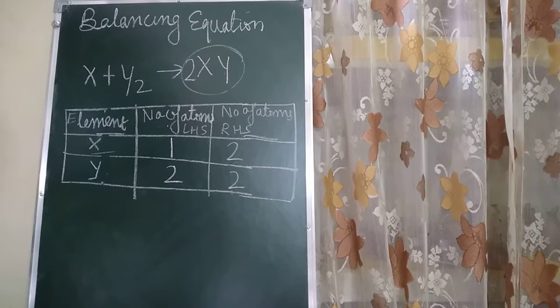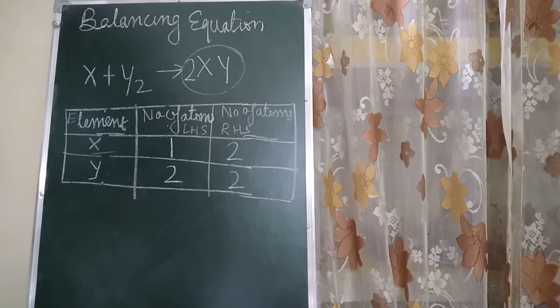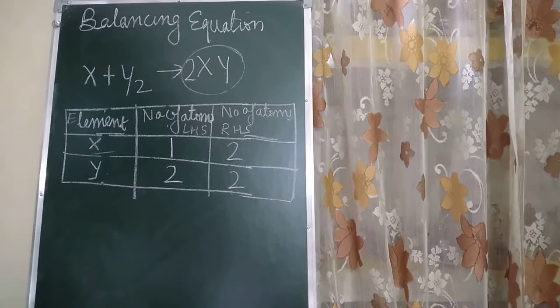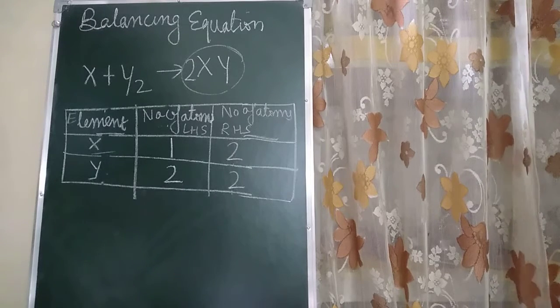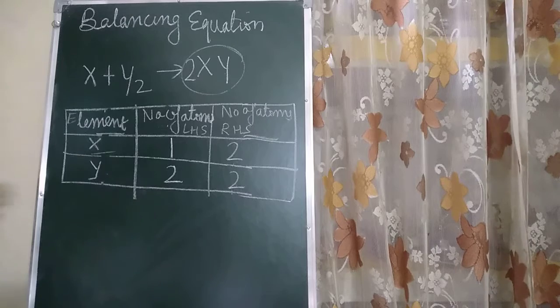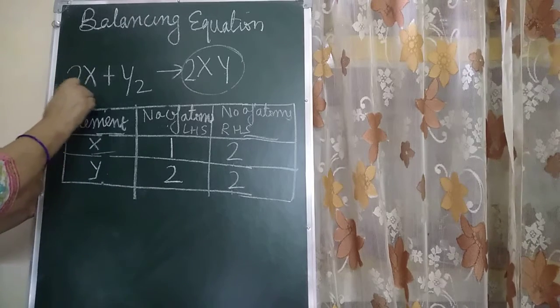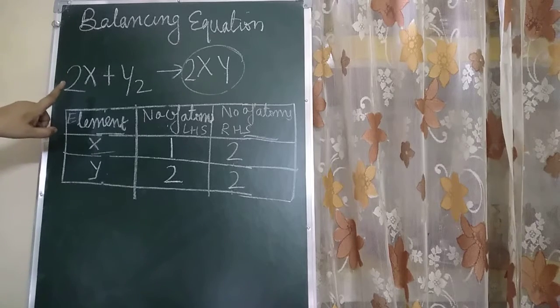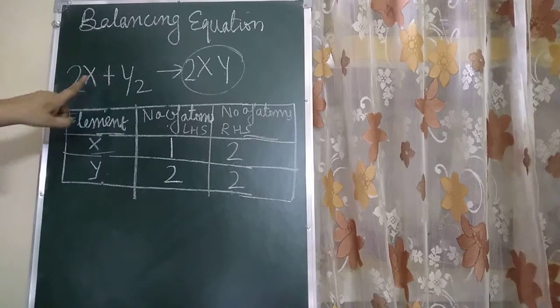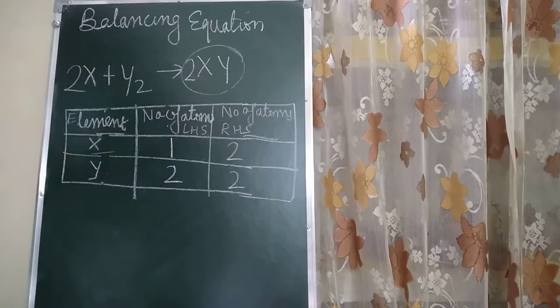Now it has become 2. The number of atoms of Y is balanced, but the number of atoms of X is not. Therefore multiply X on the left hand side by 2. Thus the equation becomes 2X plus Y2 is equal to 2XY.